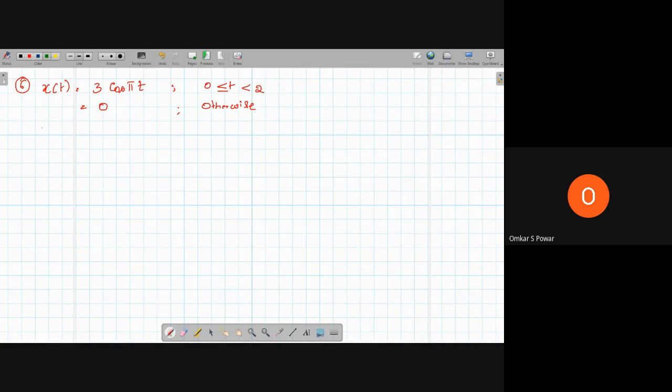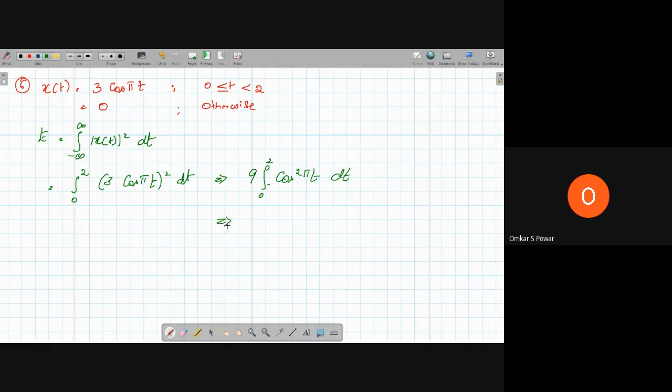It is quite simple. Energy is equal to the integral from minus infinity to infinity of mod x of t the whole square dt. So 0 to 2, 3 cos pi t the whole square dt, 9 outside, integral 0 to 2 cos square pi t dt. What is this cos square theta?